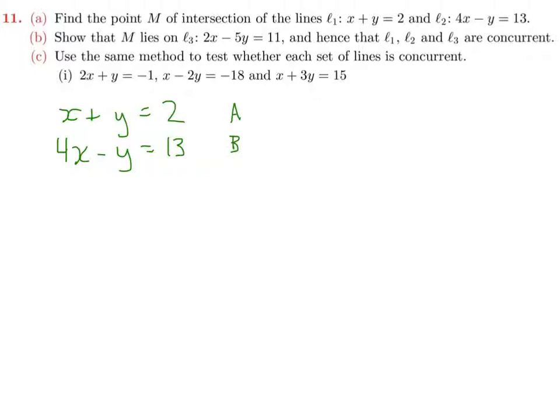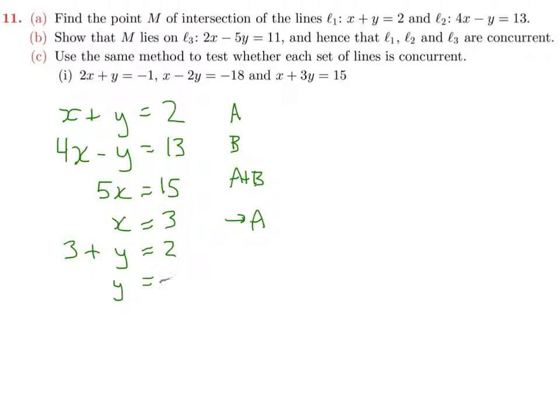If we add A and B, we get 5x equals 15, which means x equals 3. Sub that into A, we get 3 plus y equals 2, y equals negative 1. So M is the point 3, minus 1.